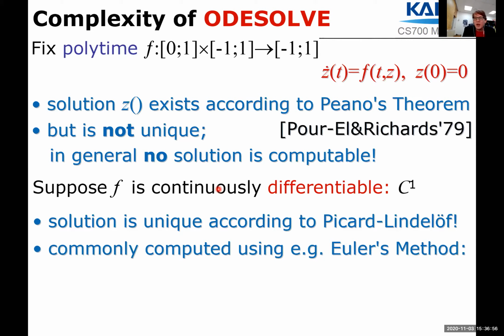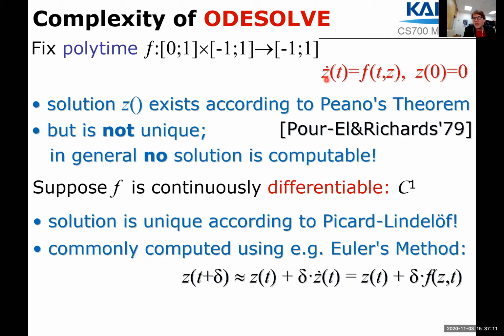Euler's method approximates the derivative with a finite difference. Remember, we talked about divided difference, finite difference, when we talked about computability of the derivative of an analytic function. And in solving a differential equation, we replace this differential equation by the following difference equation.